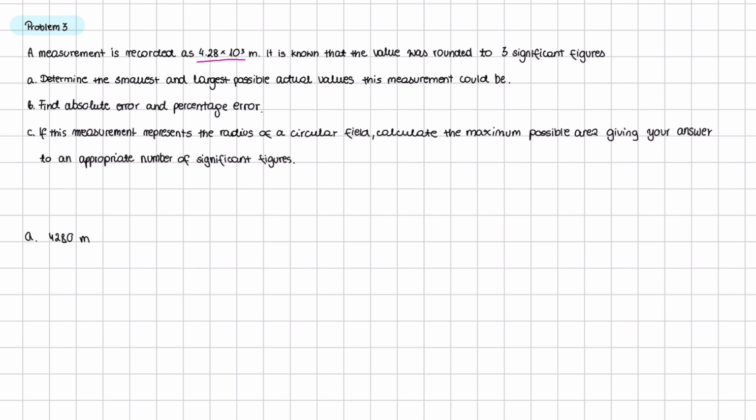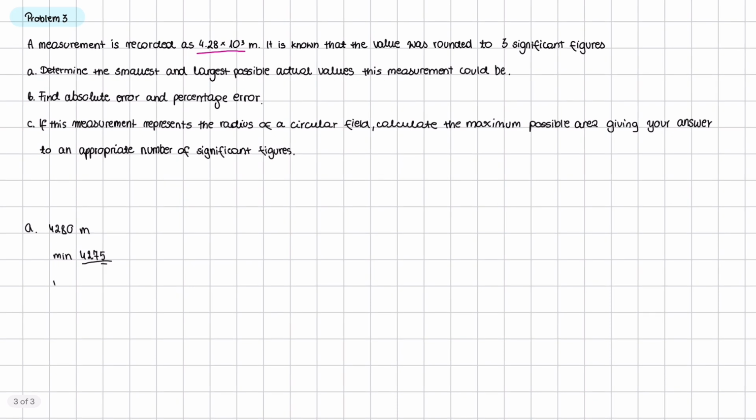And now we can determine the smallest value. We can write it as the minimum value, and it will be 4275, because when we have a 5 here, we have to round it up. So rounding this number, we will have 4280.